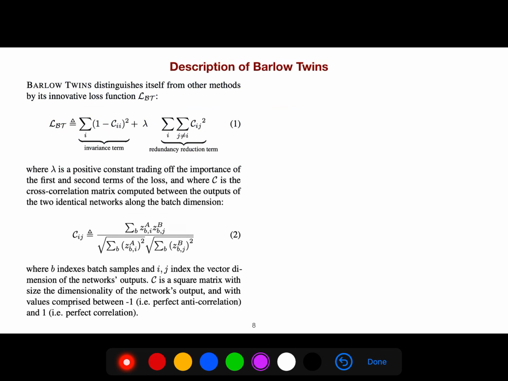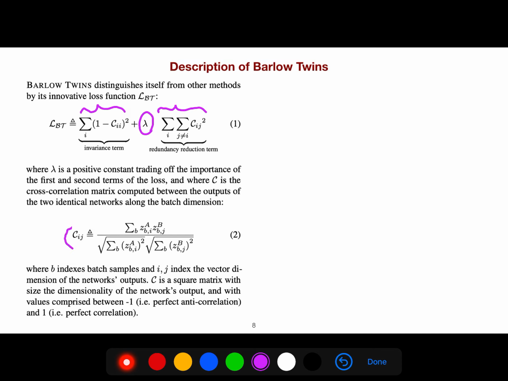Barlow Twins distinguishes itself from other methods by its innovative loss function. The first term is called the invariance term. The second term is called the redundancy reduction term. We want to reduce it as much as possible. We don't want redundancy. Lambda is just a positive constant trading off both terms of the loss, and C here is just the cross-correlation matrix.